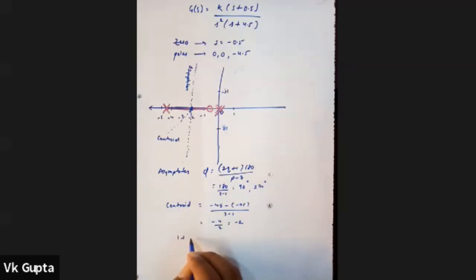So 1 plus G(s)H(s) is equal to 0. From this we will get K equal to minus s squared (s plus 4.5) divided by (s plus 0.5).